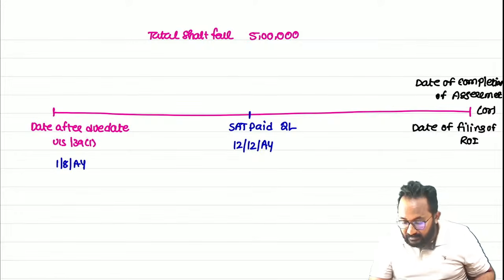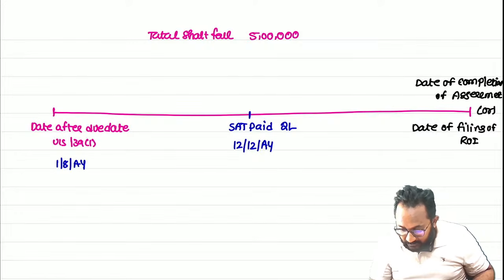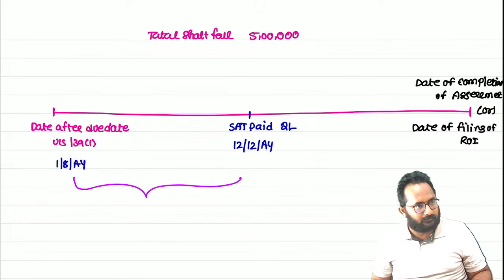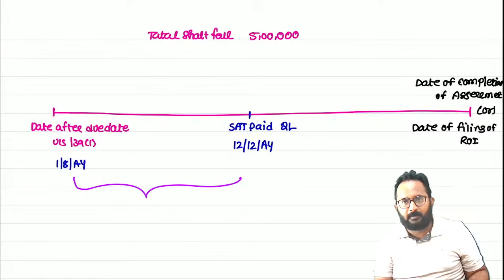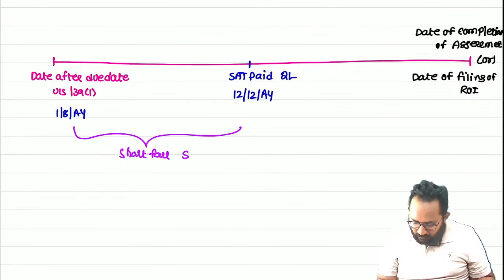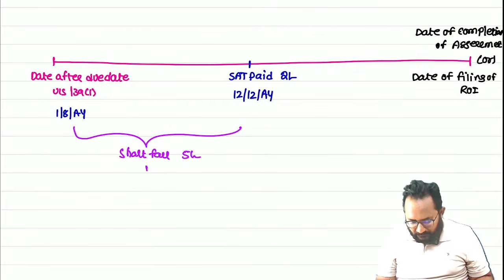In this period, what is the shortfall? 5 lakh. We have not paid anything before this date, so the shortfall is 5 lakh, and interest we have to calculate on 5 lakh only.